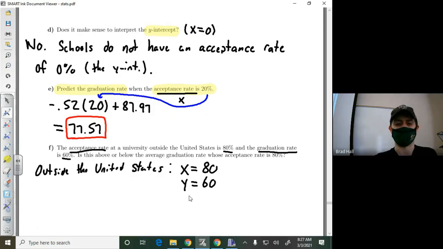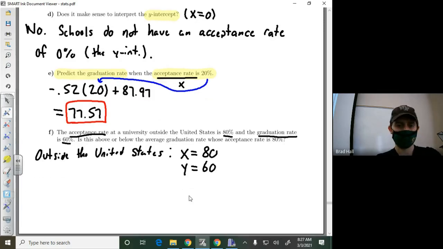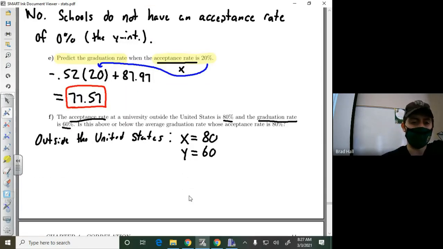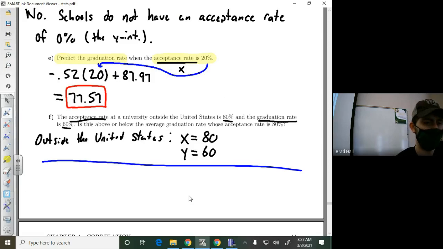They told us everything. And now they want us to compare this to the formula we found for universities in the United States. So in other words, what we are doing is we have our formula. This was the formula we found.